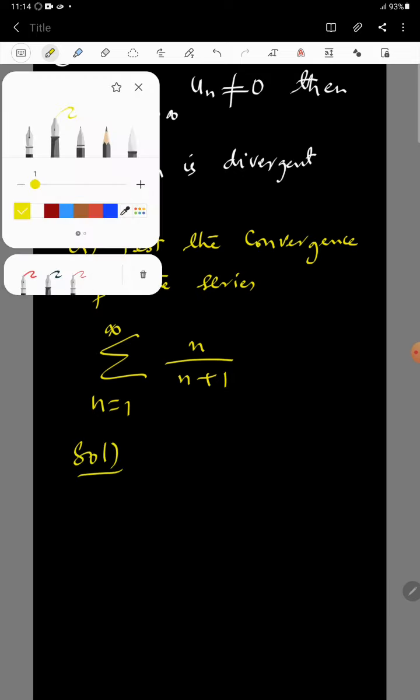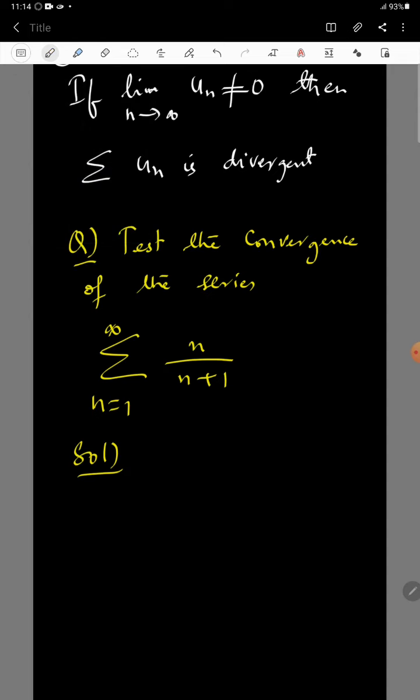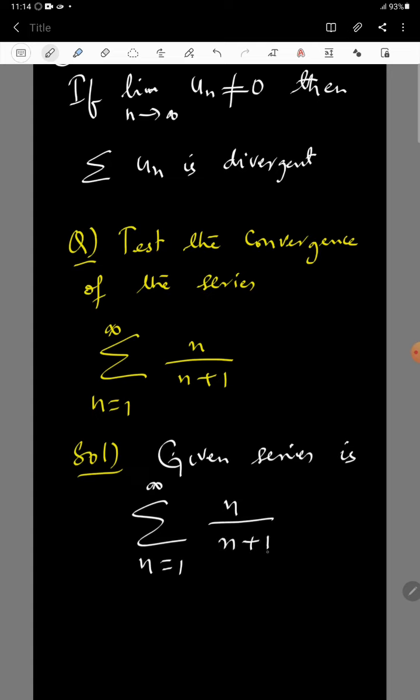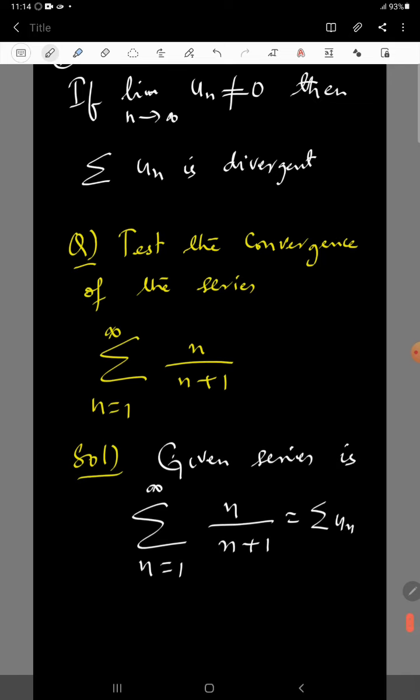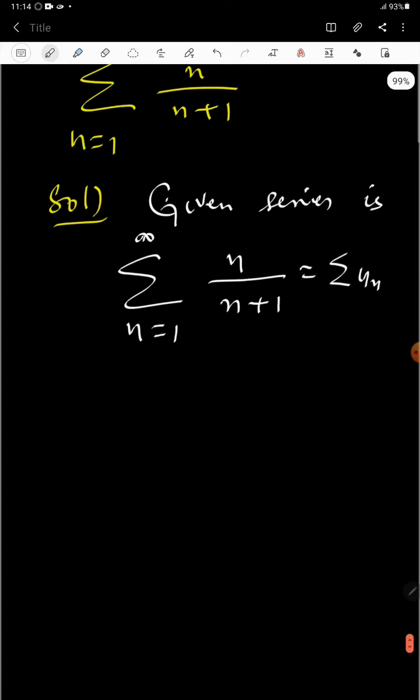Solution: the given series is sigma n equal to 1 to infinity n by n plus 1. I call this sigma un, which implies un is nothing but equal to n by n plus 1.